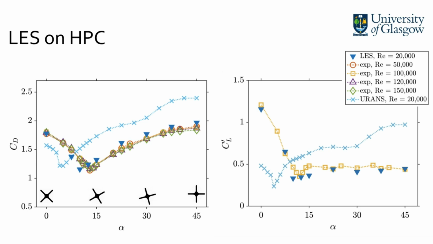And when we compare results of the URANS simulations with experimental data, we can see that while overall they capture the trends in the behavior of the force coefficients, there is a significant quantitative mismatch in the values at all angles of attack. And also, while they capture the presence of the critical angle, the value of this angle is also significantly underpredicted.